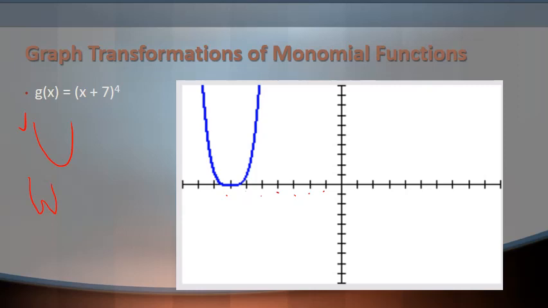We see a graph of the function g of x equals, in parentheses, x plus 7 raised to the 4th power. So again, you can look at the equation, get a general idea of what your graph's going to look like, and then when you graph it, if it confirms that, well, then you're probably correct.